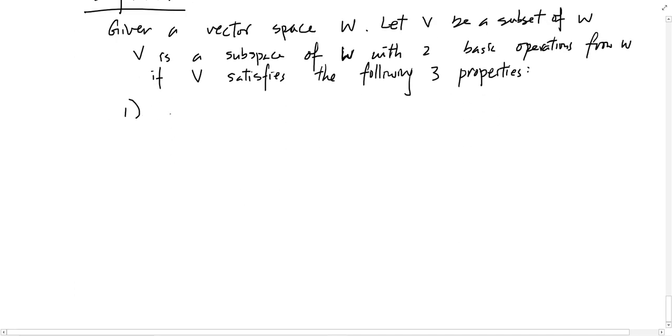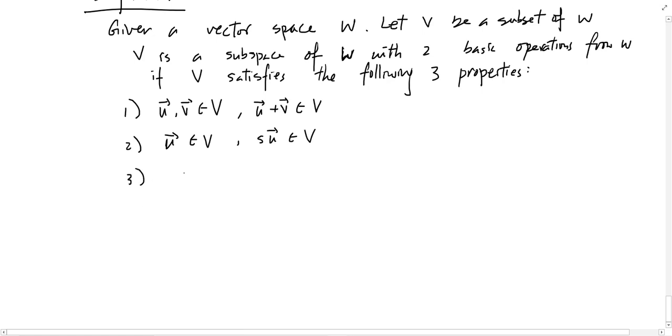Number 1, if vector u and vector v are in V, then u plus v has to be in V. That's additive closure. Number 2, if u is in V, then s times vector u is also in V. That's scalar multiplication closure. And number 3, the zero element is still in V.